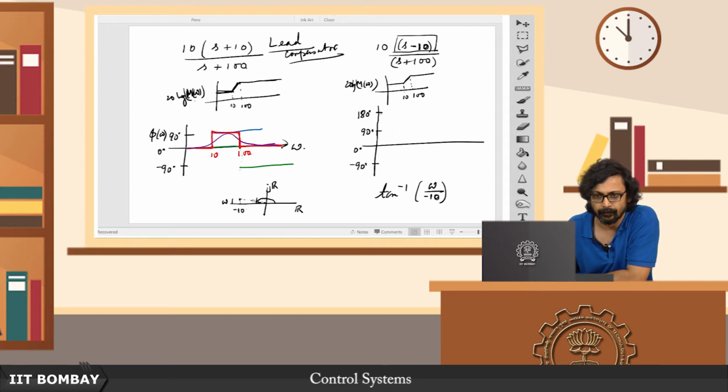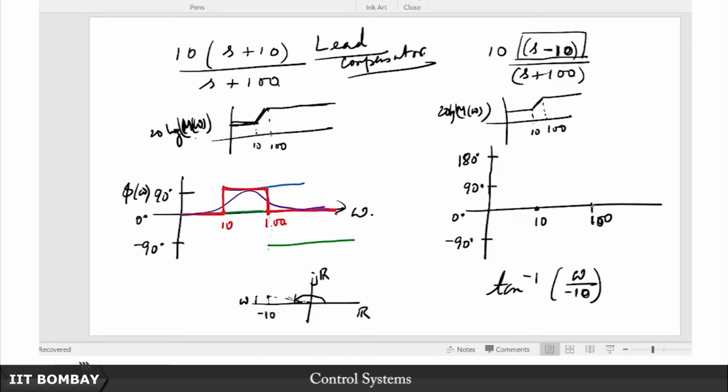And then of course now you cannot have minus 10 here, so you have 10 here and let us say 100 here. So what happens at 10 after all? Let us try and understand what is happening at each of these break frequencies. Of course at 100, we know that the second factor, let me plot this as before, I know how it looks.